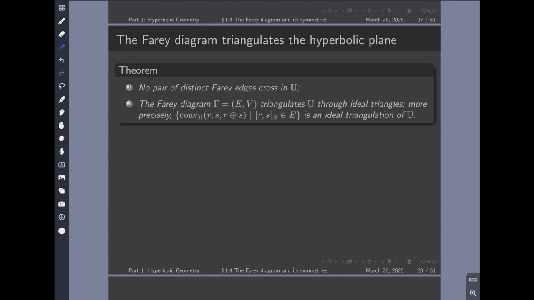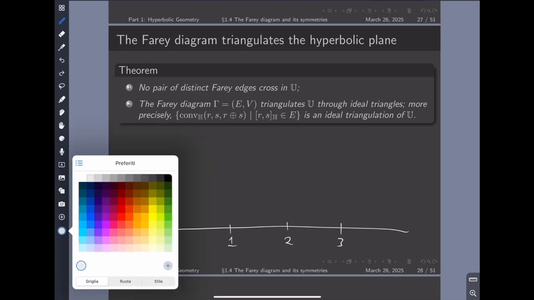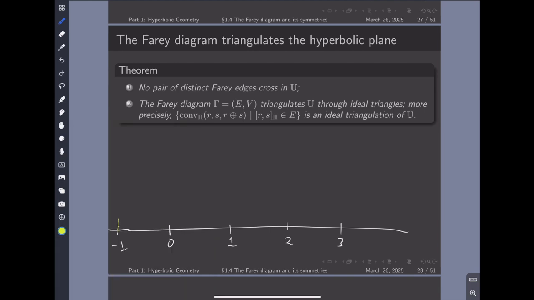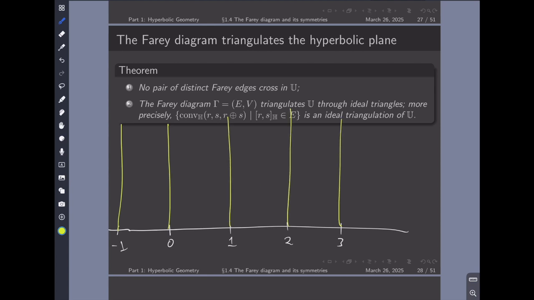So let me write it. These Farey edges do not cross in U.